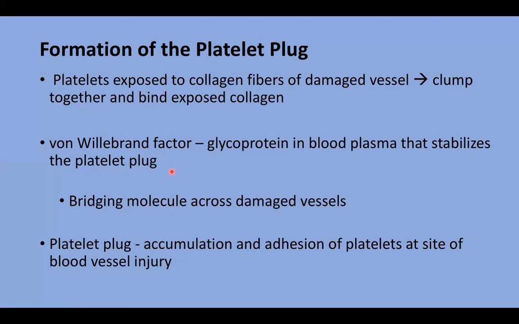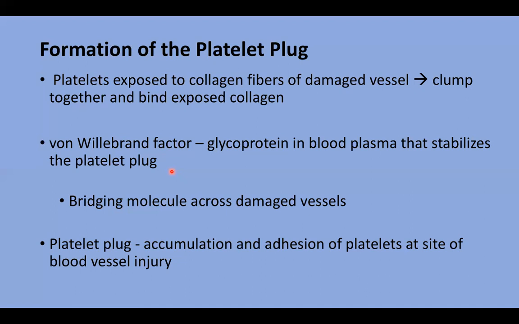Now, there are certain proteins that are in circulation in the blood plasma that are going to help stabilize the platelet plug and also enhance the formation of this platelet plug. One of them is called the von Willebrand factor. Mr. von Willebrand discovered this.